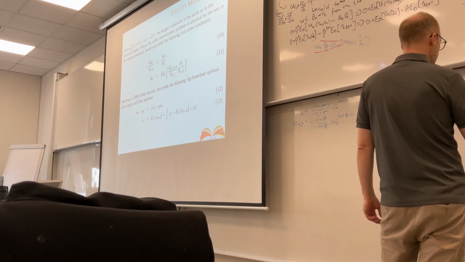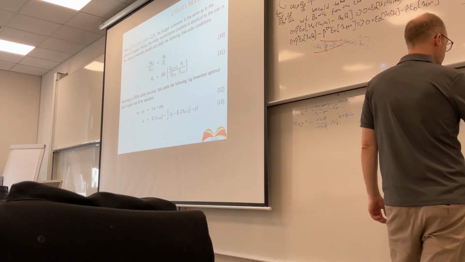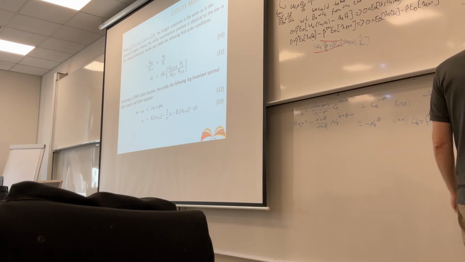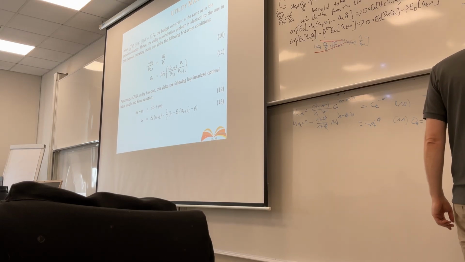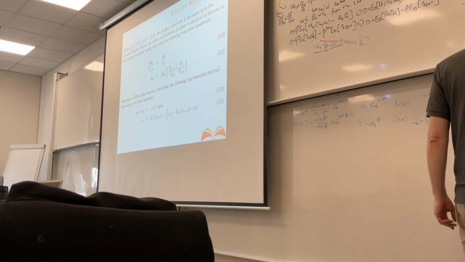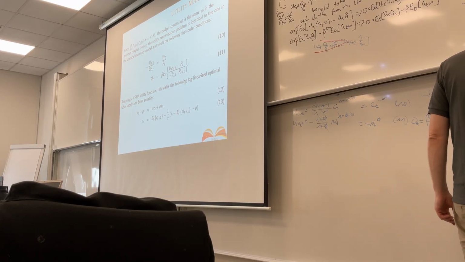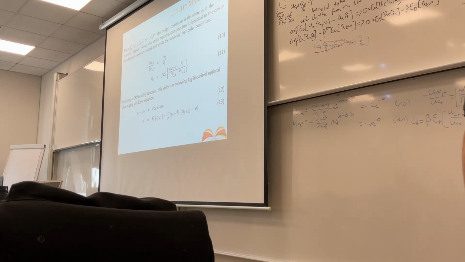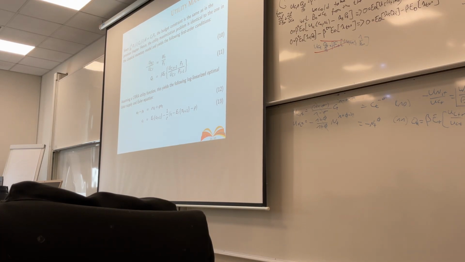And this equals then beta E_t of c_t+1 to the minus sigma over c_t to the minus sigma times p_t over p_t+1, or we can write this as beta E_t of (c_t over c_t+1) to the power of sigma times p_t over p_t+1.